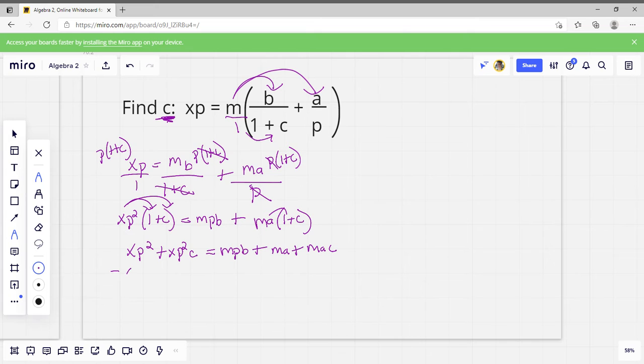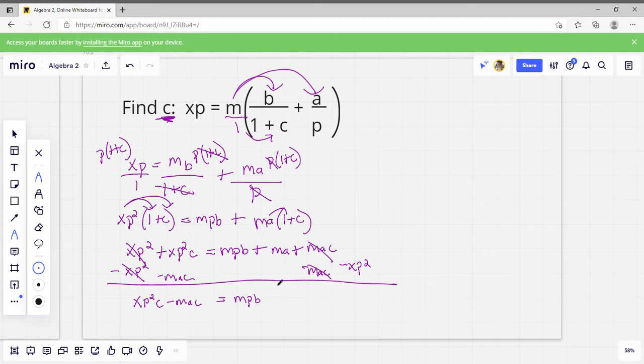Okay, now I need to try to isolate all my c's on one side of the equation. So if I get rid of this, that'll get rid of that one, and then I need to move this mac over to here to get all my c's on the same side. So I've got xp squared c minus mac equals mpb plus ma minus xp squared.